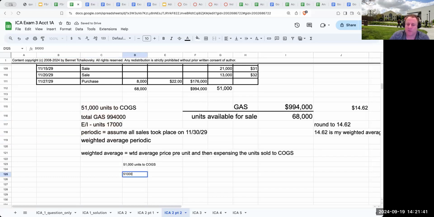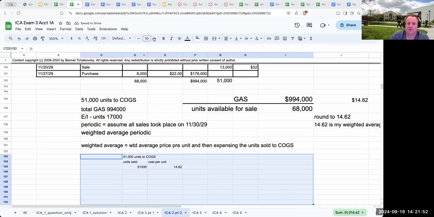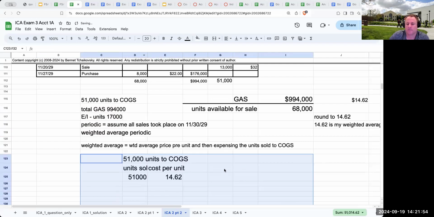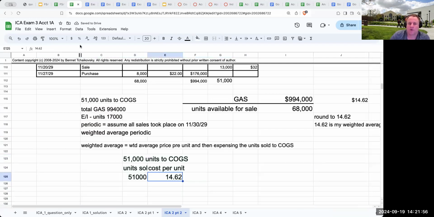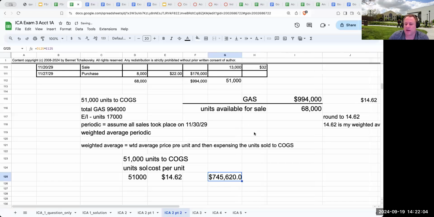So if I have 51,000 units sold and my cost per unit was $14.62, my total amount to cost of goods sold is going to be 745,620. So this is my weighted average cost per unit, cost of goods sold, periodic.